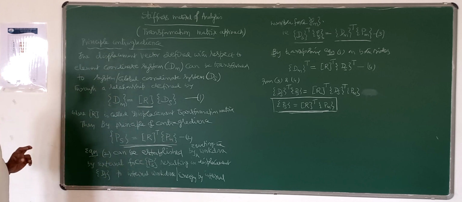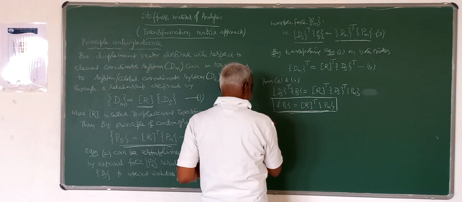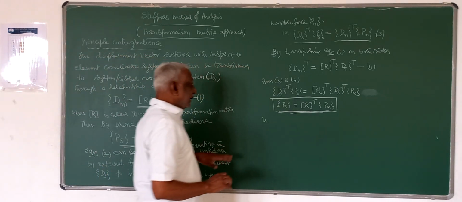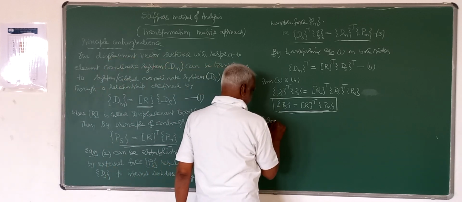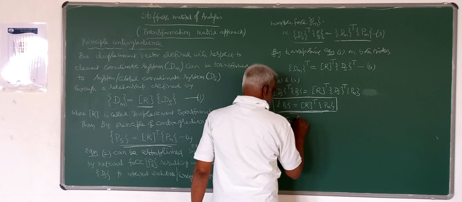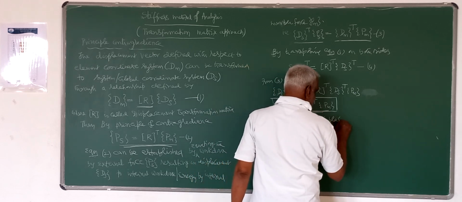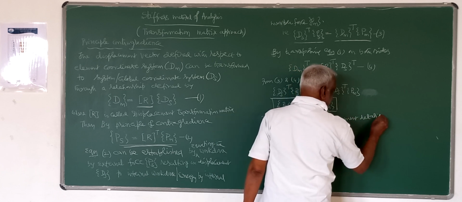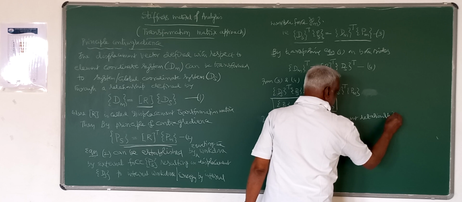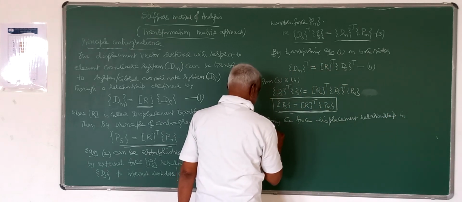So this particular principle is being used in the derivation of the element stiffness matrix to global stiffness matrix. Now, we have the relationship between the force and displacement, using the force displacement relationship in two coordinate systems.